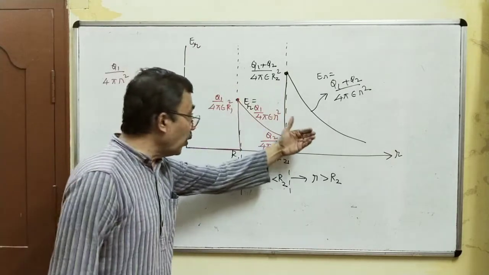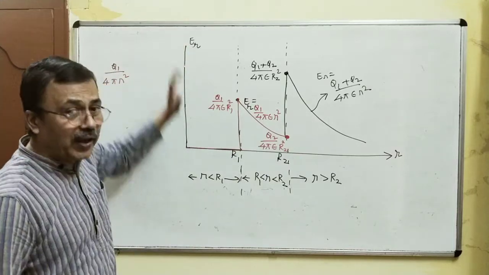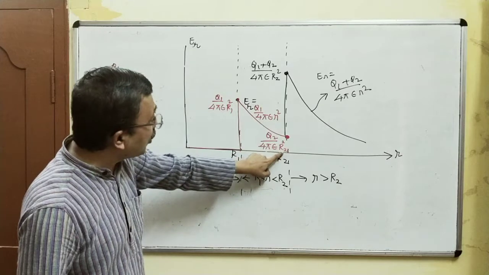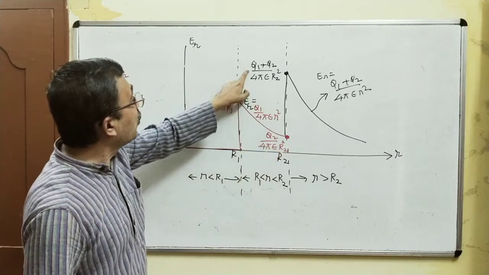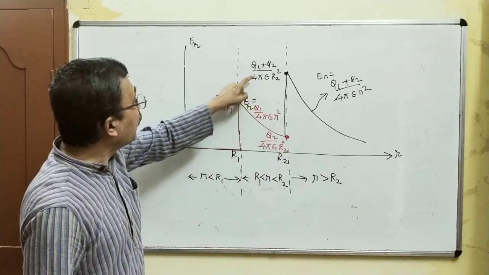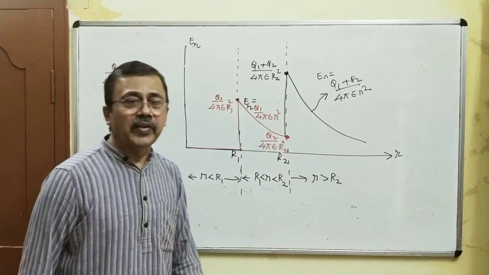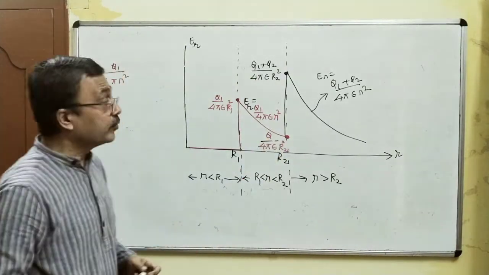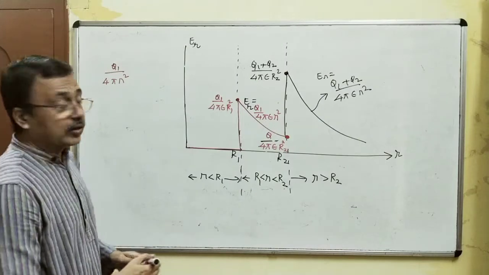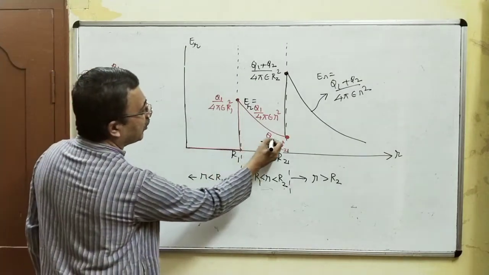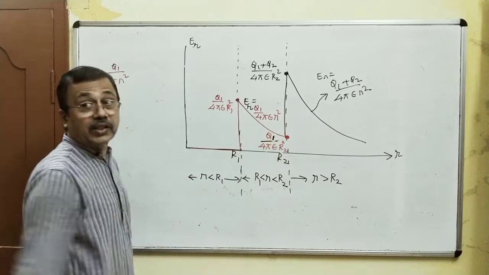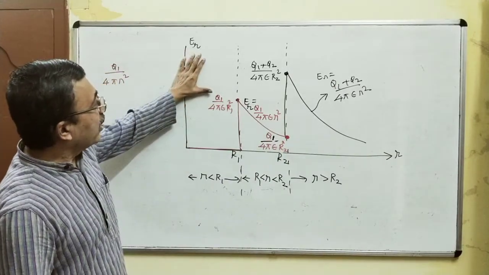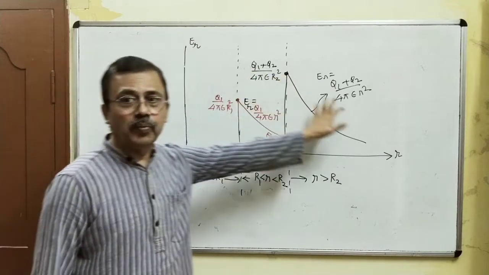At r equal to r2, E_r is also double valued: q1 by 4 pi epsilon r2 square and q1 plus q2 divided by 4 pi epsilon r2 square. Sorry, I had written this as q2, but it is actually q1. This is the variation of electric field intensity E_r with respect to radial distance.